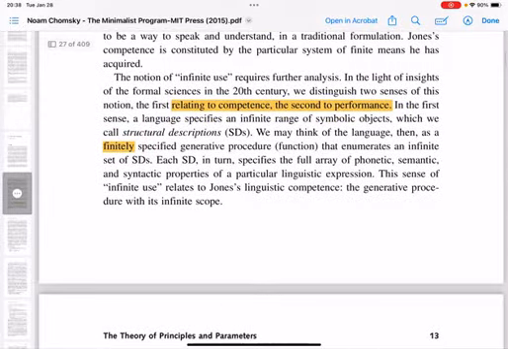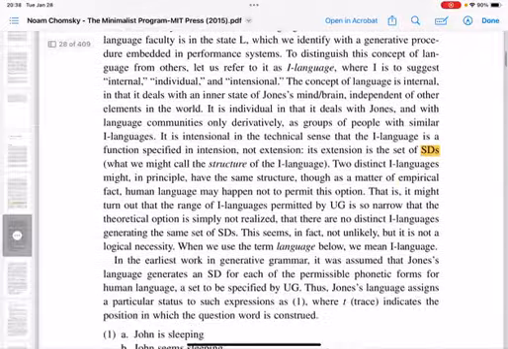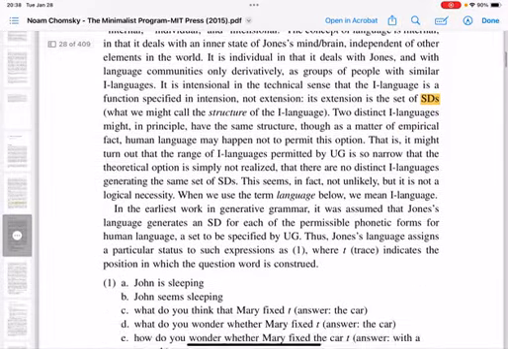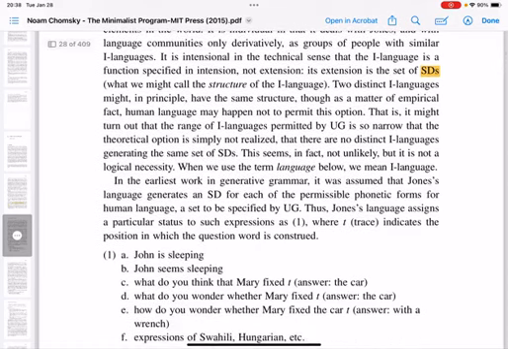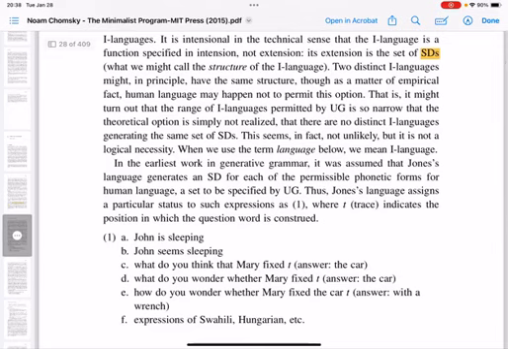Oh, structural descriptions. Okay, now it makes sense. What we might call the structure of the language, the I language. Two distinct I languages might, in principle, have the same structure, though as a matter of empirical fact, human language may happen not to permit this option.